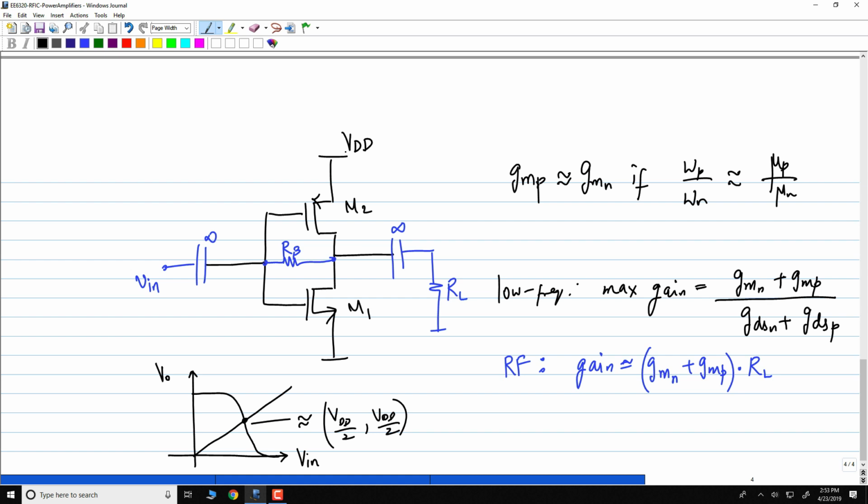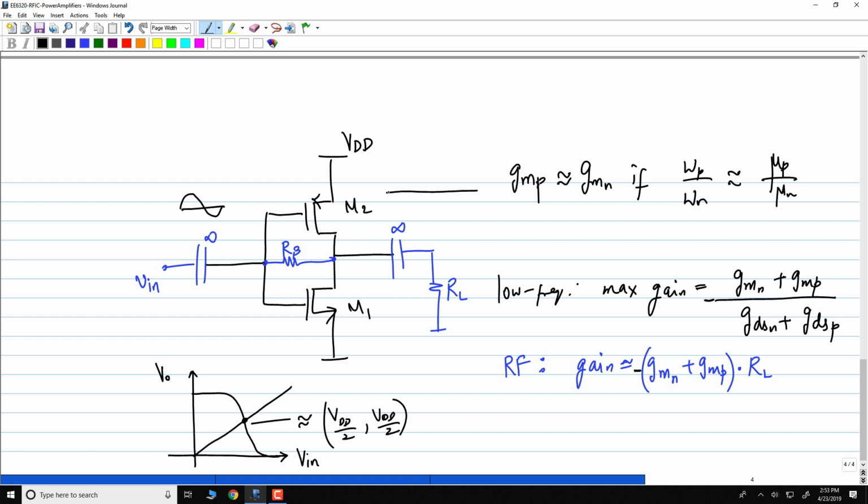Linear region is allowed. So remember, this is the magnitude of the gain, but remember that this circuit is actually inverting. So maybe I'll explicitly show that. First of all, this is an inverting amplifier. So the first thing you have to do is take this guy. I'll apply a sinusoid and keep increasing its swing.